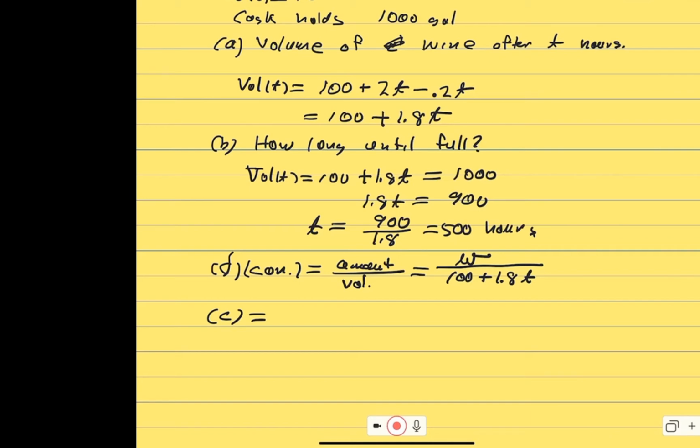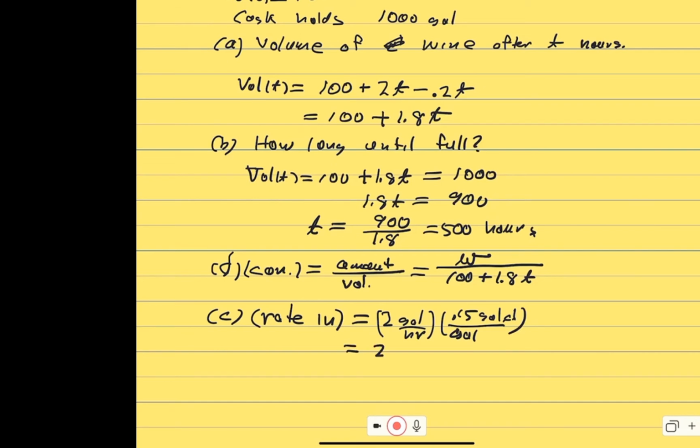C is the rate in. Well, the rate the alcohol is coming in is, the total volume of liquid coming in is 2 gallons per hour, and the concentration is 15% or 0.15 gallons of alcohol for each gallon of wine.